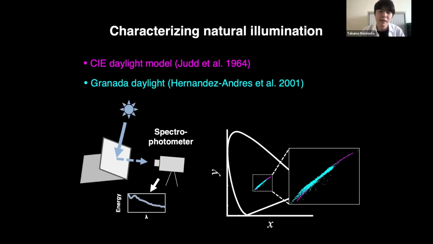So this trend seems to be consistent across different regions in the world. So in the color vision field, there is a widely held assumption that illumination comes from above like this, and outdoor illumination is limited to this very small region of the entire color space.